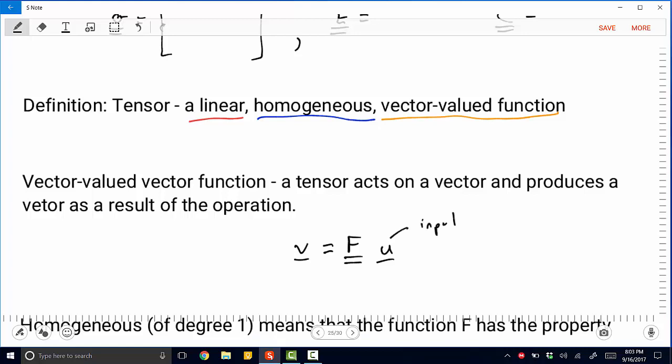So if we have an input vector and we perform an operation with our tensor, we end up with an output vector. So we're going from a matrix. We're performing an operation with a vector, and our output is a vector. Hence, vector valued function.